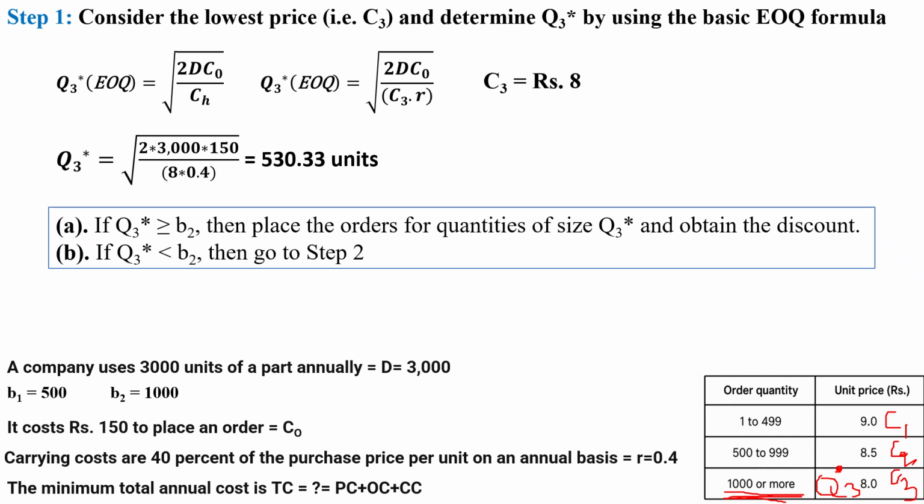If Q3 star is less than B2, then go to step 2. So here Q3 star equals 530.33 and the B2 value is 1000. So 530.33 is less than 1000, which satisfies the second condition. If Q3 star is less than B2, then we have to go to step 2. So now we go to step 2.